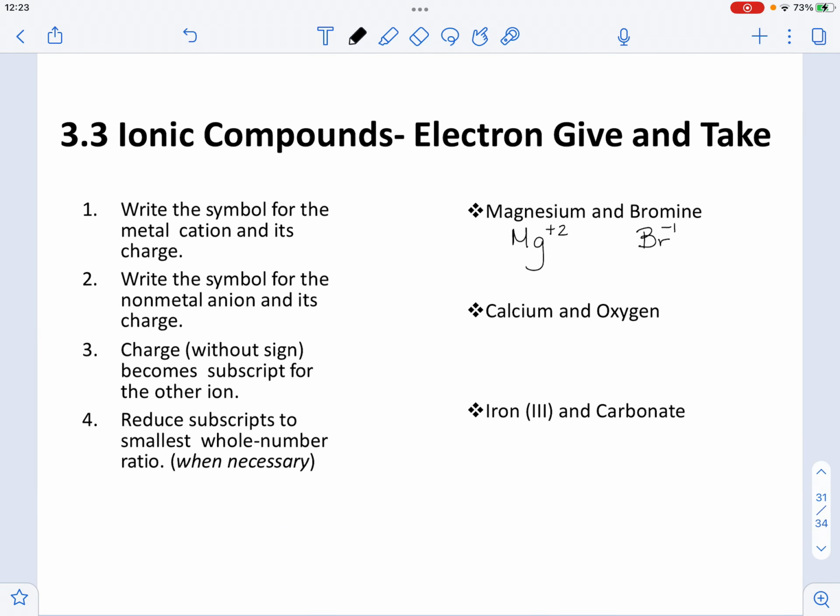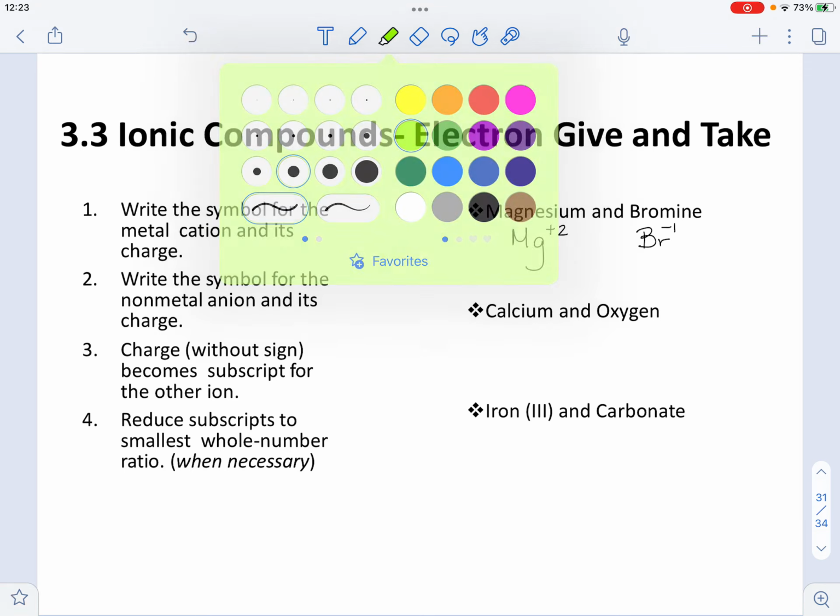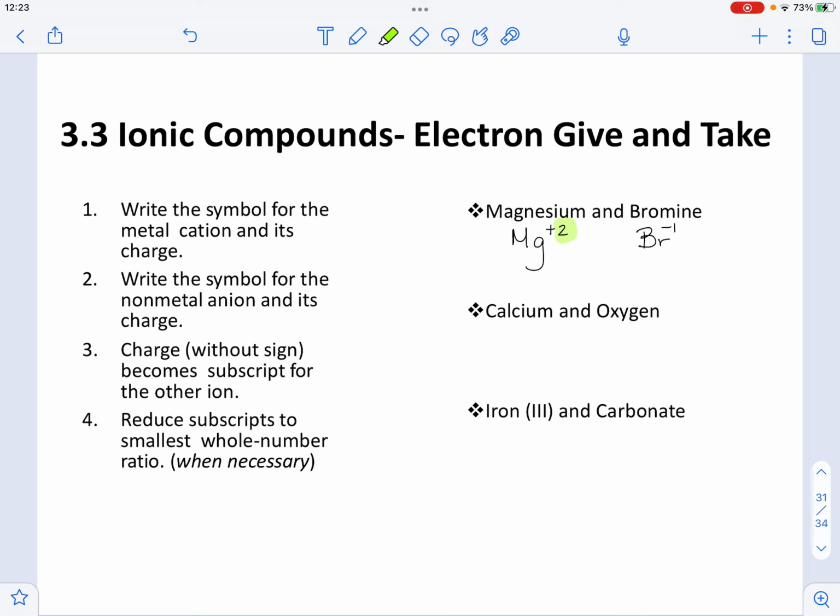So, taking that into consideration, I did step 2, write the symbol for the nonmetal and its charge. Then I'm going to take the charge, which is going to be the value of 2 or the value of 1, and that is going to become the subscript of the other atom. Subscripts are going to be written at the bottom right corner of the element symbol. So at first, we're going to write Mg1Br2.